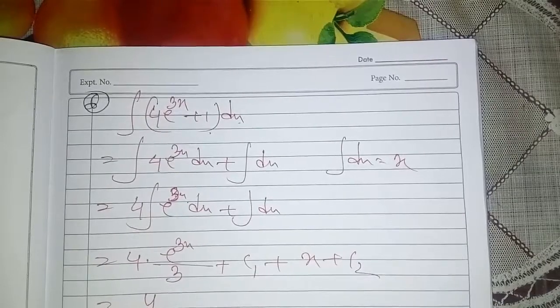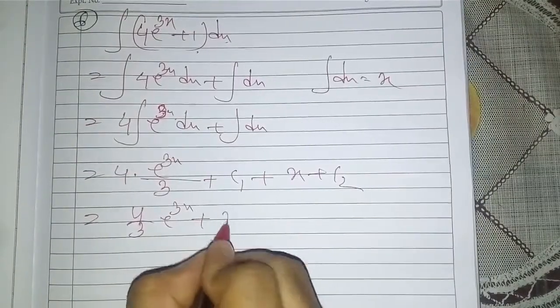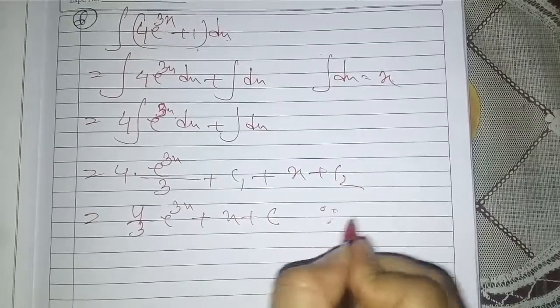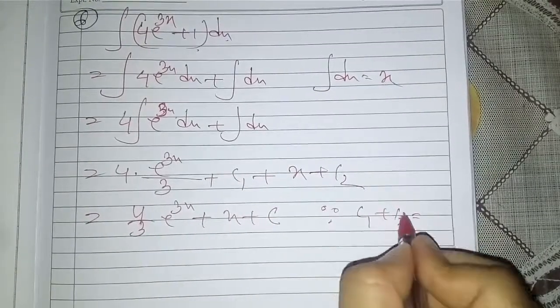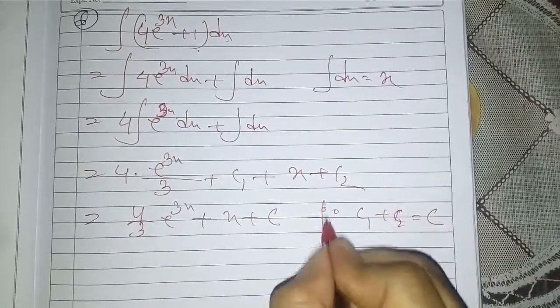So 4 by 3 e to the power 3x plus x plus c, since c1 plus c2 equals capital C.